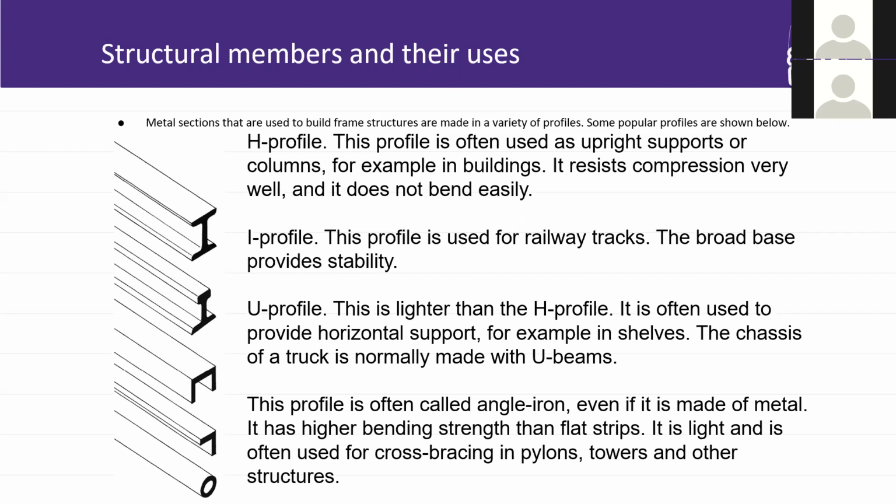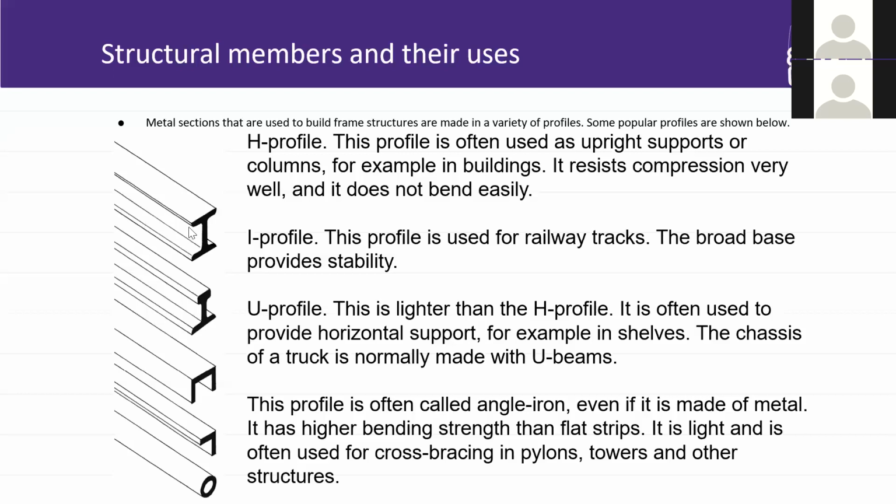Forces which interact with beams are compression on the top surface of the beam, and the under part of the beam is affected mostly by tension. Compression is a pushing force, and tension is a pulling force.